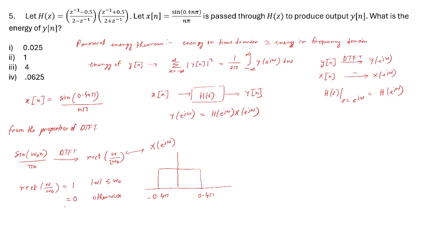Omega naught, anyway, you can see from this comparison, is nothing but 0.4 pi.